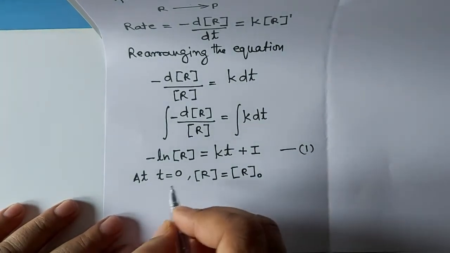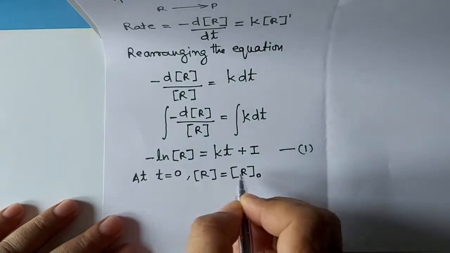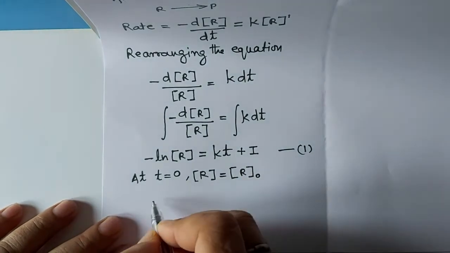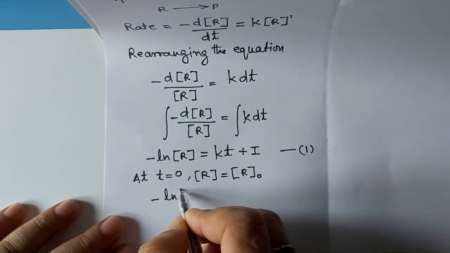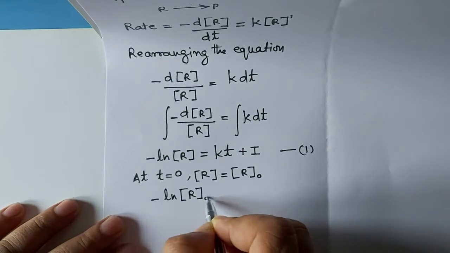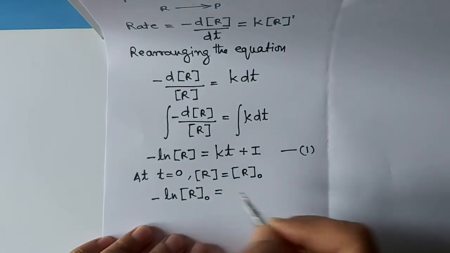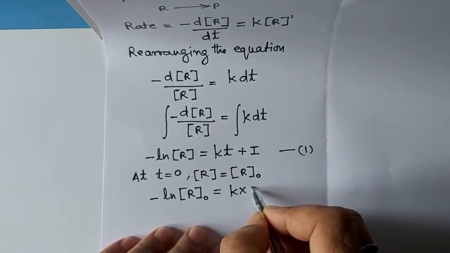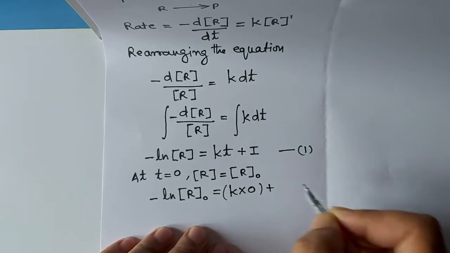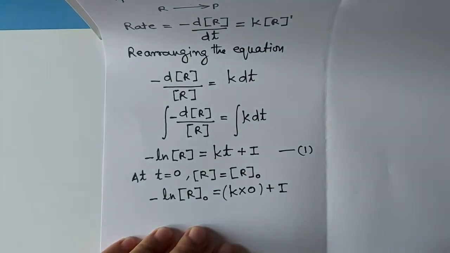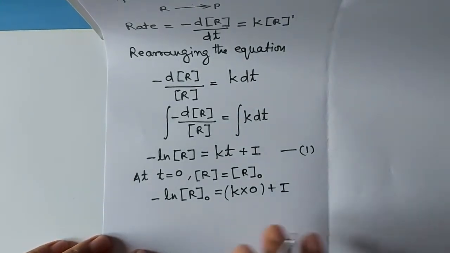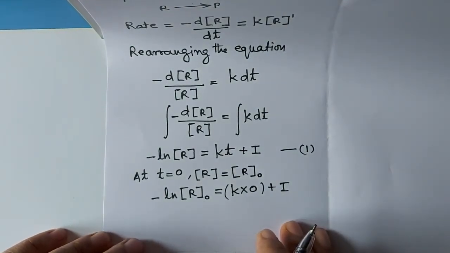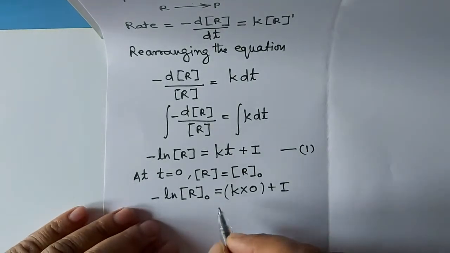See what it becomes. In that case we have ln R0, at t equal to 0, plus I. So now this equation, after putting the value, will become how much?